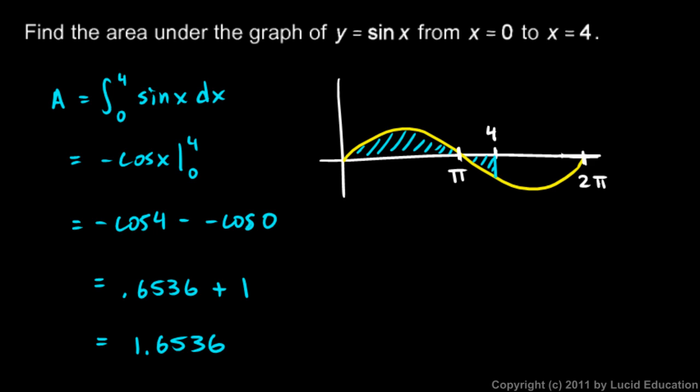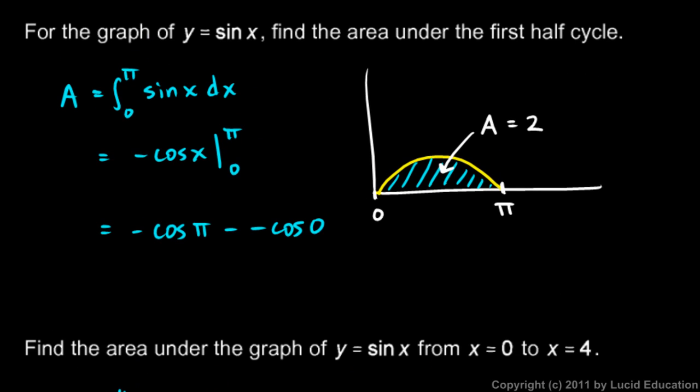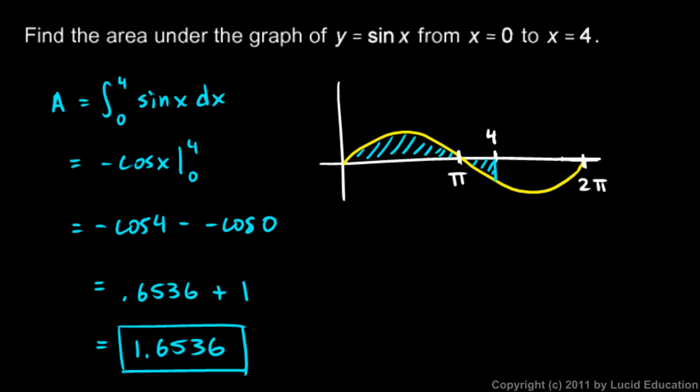Now, that's not a problem. That's the answer, and that's correct. But think about this for a second. This number 1.6 something, that's smaller than the number we had in the earlier example. Look at this. Remember this one? If we were just going from 0 to pi, we had an area of 2. And now down here, on this example, we're going over further. We've got this additional piece of area down here.